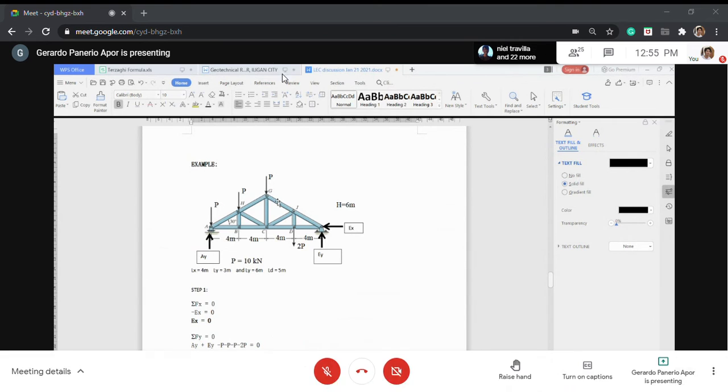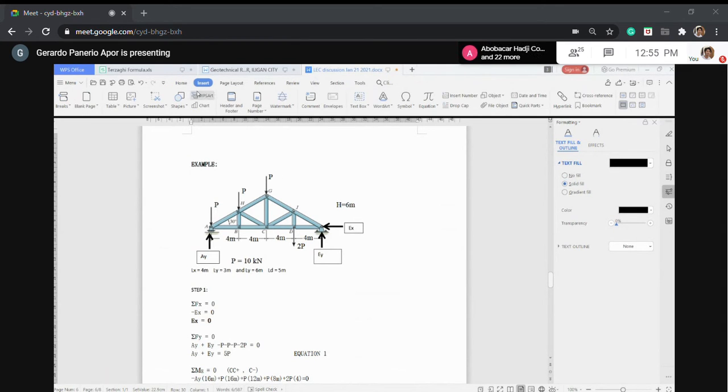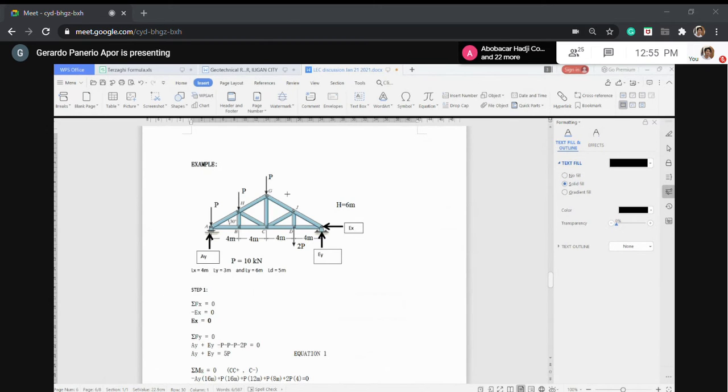For example, I am interested in PGG. If I have a samurai or a katana, I will slice from GG up to CD, no? Slice it there, just like this. What happens is that the structure will be divided into two, the left and the right.